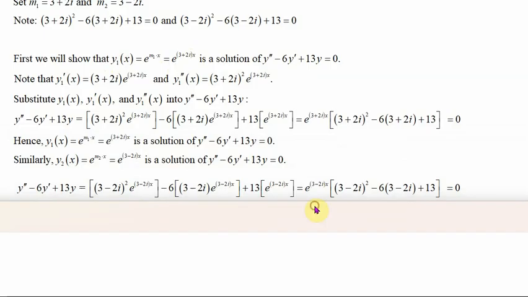Similarly, the function y equal to e to the 3 minus 2i x is also a solution of the linear homogeneous differential equation here.